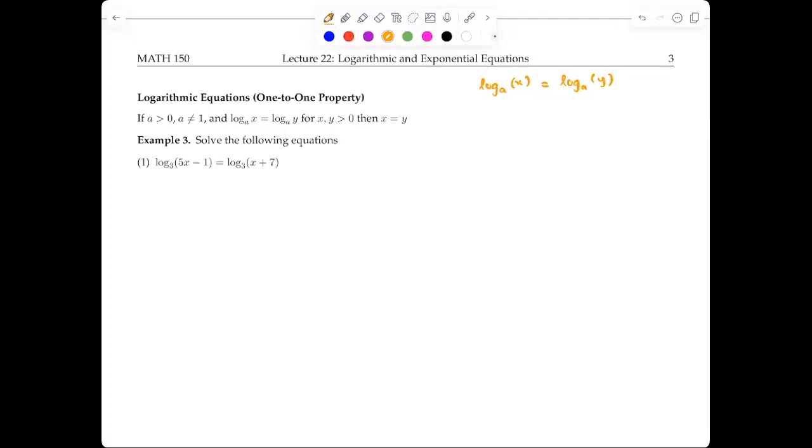You do a to the log base a of x equal to a to the log base a of y. The exponential and logarithmic functions cancel out, and you're left with just x equal to y.